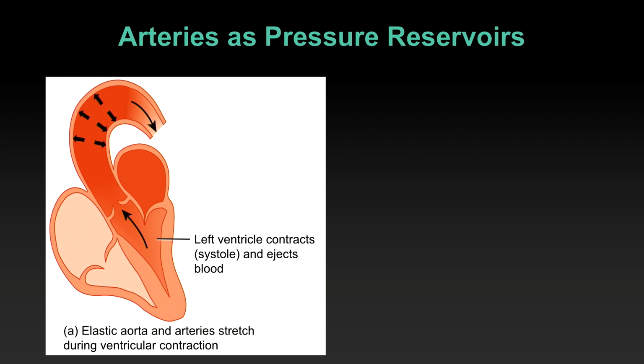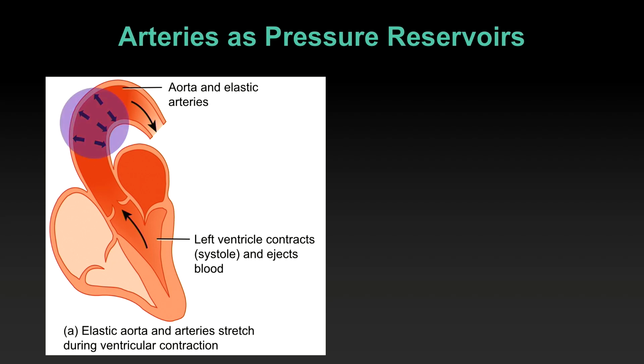Into the aorta. Now there's already blood in the aorta. It's not empty. So you're trying to cram another beat's worth of blood into an already full, limited space. So what happens? You either push everything through or the space accommodates the incoming blood.